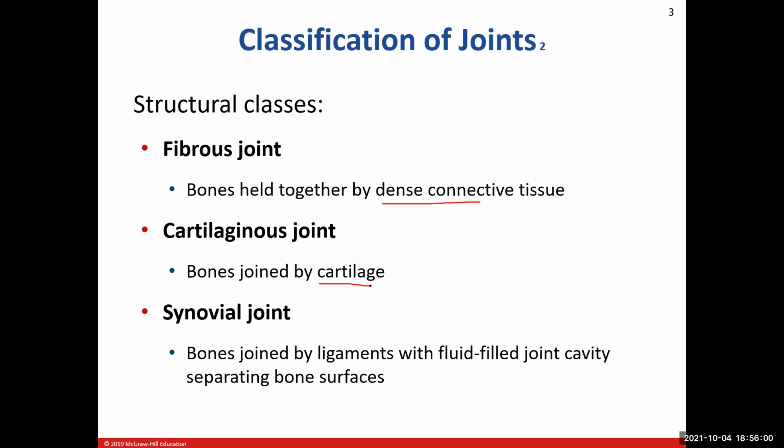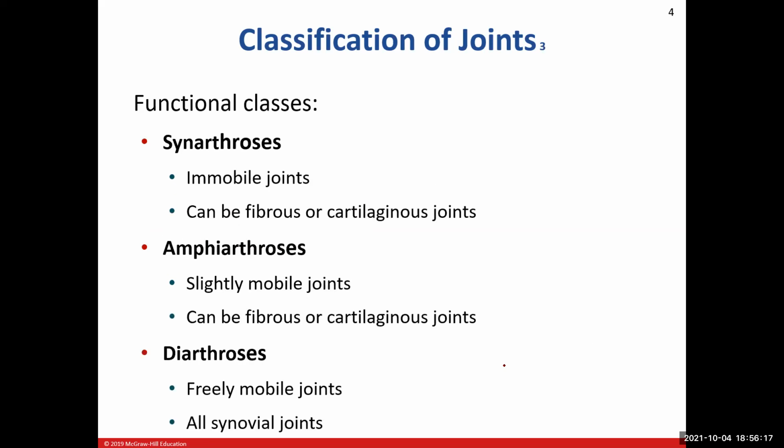In that capsule, we have a joint space, and we fill that joint space with fluid. So synovial joints are fluid-filled joints. So we have our fibrous, cartilaginous, and synovial, and those are our three structural classes.